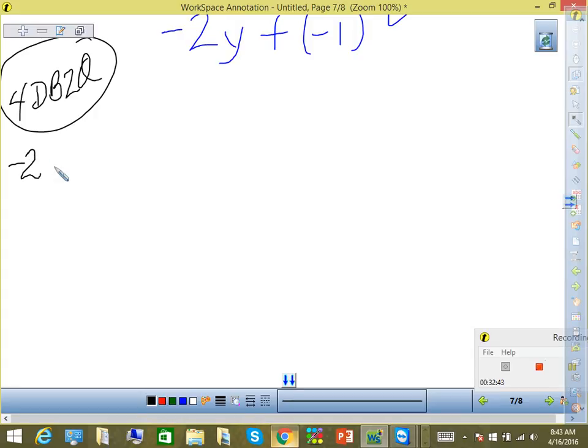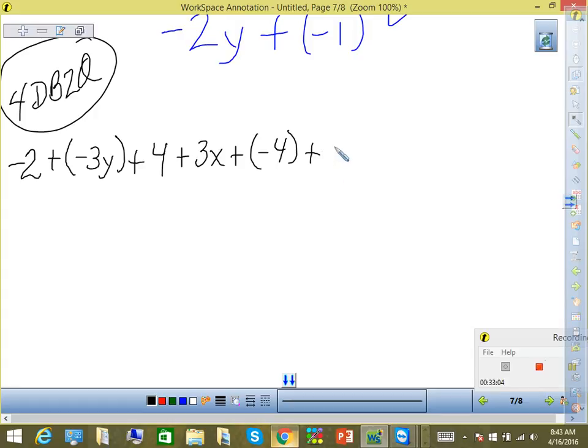Negative 2 plus negative 3y plus 4 plus 3x plus negative 4 plus 5x plus 6y plus negative 8x plus 1.